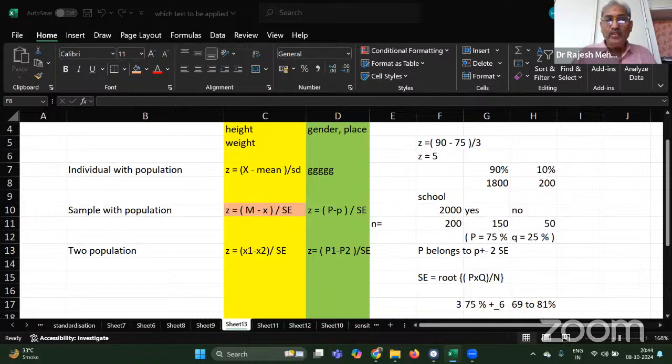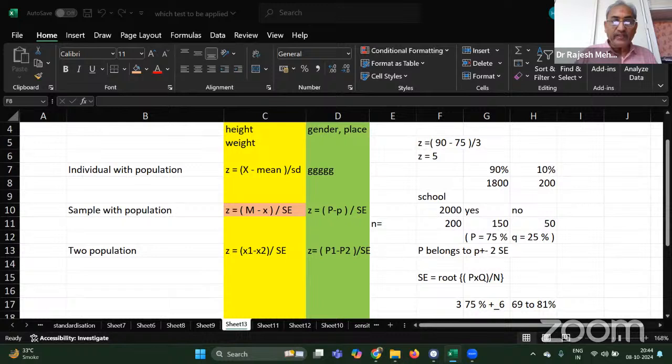Yes, no, it is not a random sample. It is a biased sample. There is a significant difference between the sample proportion and the population proportion, right? Because Z of 5 is beyond 95%. P value is less than 0.05. That is less than 5% chance that it is by chance. So there is a significant reason.